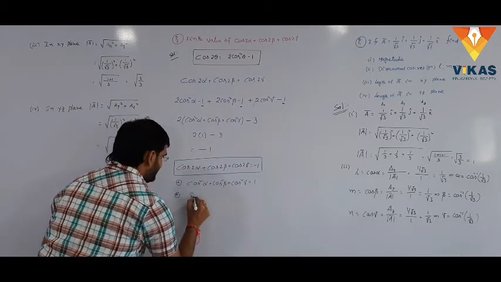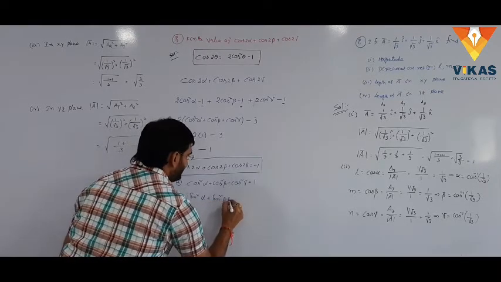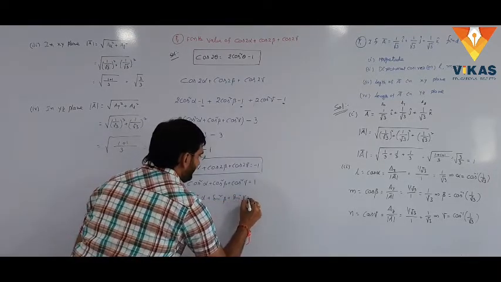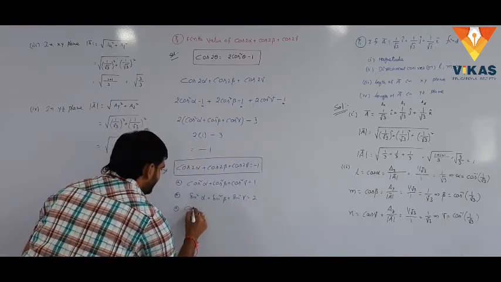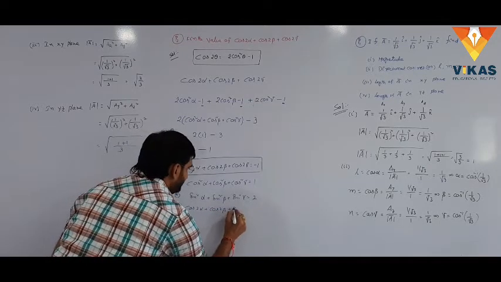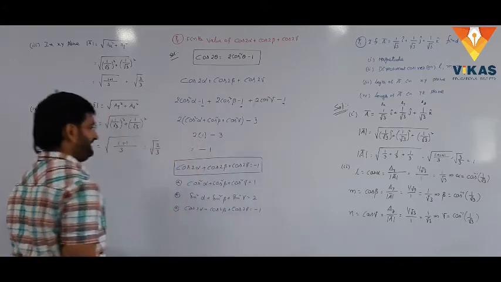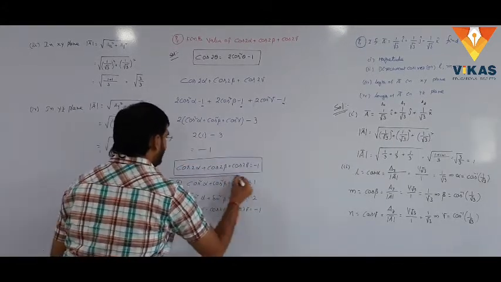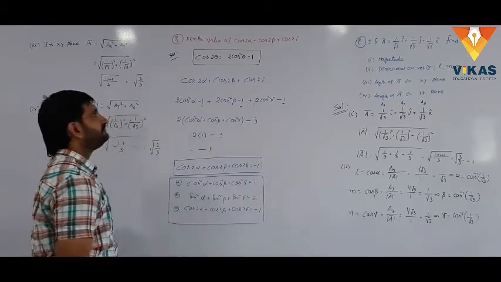The second one is sin square alpha plus sin square beta plus sin square gamma equal to 2. The third one is cos 2 alpha plus cos 2 beta plus cos 2 gamma equal to minus 1. These are the three important relations in one place.